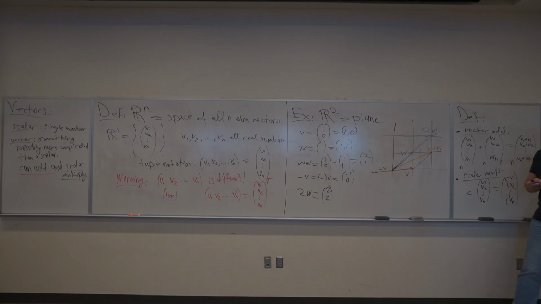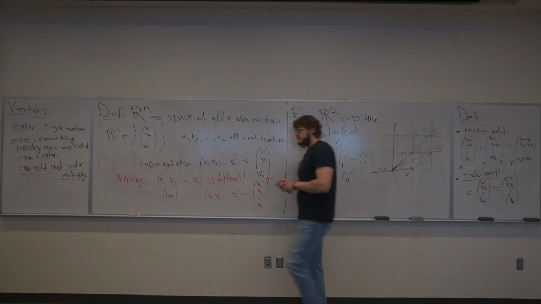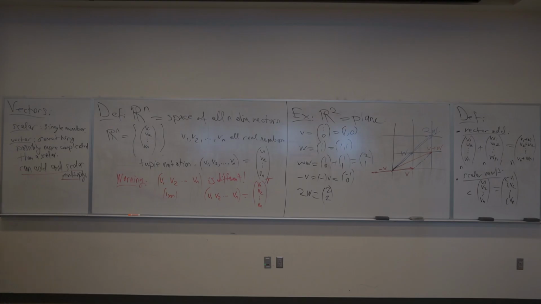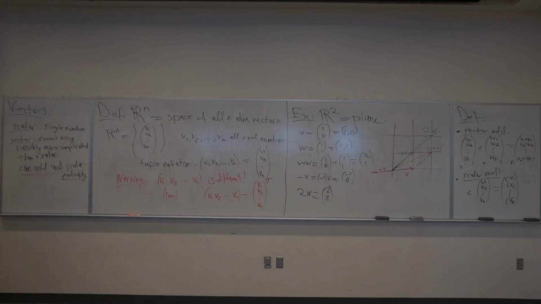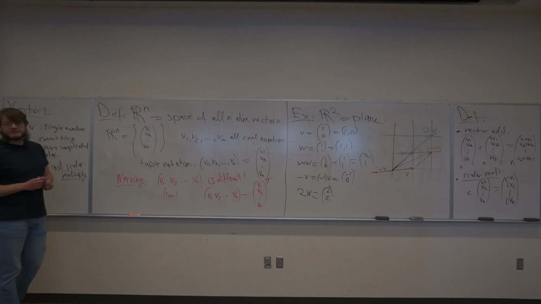So this is all there is to it. Addition and scalar multiplication. These two things are the main operations that we end up doing. Any comments or questions about any of this?